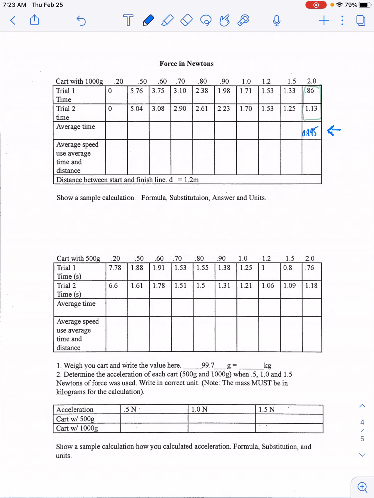Now, the average speed is going to be the distance. Remember, a speed, especially an average speed, is the total distance divided by the time it took to travel that distance.